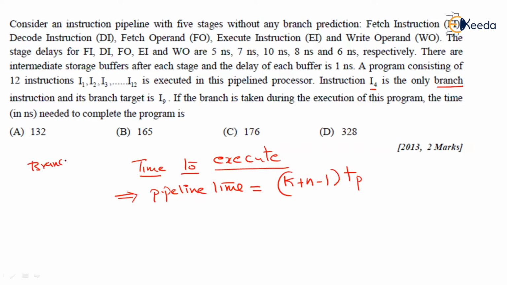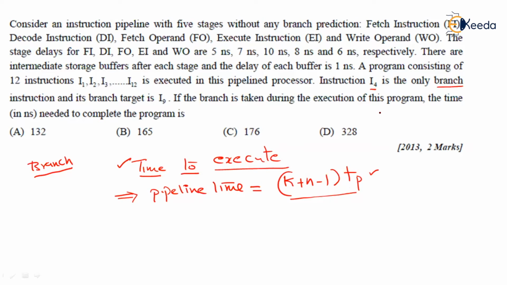Since there is a branch hazard, finding the time to execute in the pipeline may be somewhat complex by using this method, but we are still going to find the time taken in the pipeline for executing the same program using this. But we need some additional steps because there is a branch.